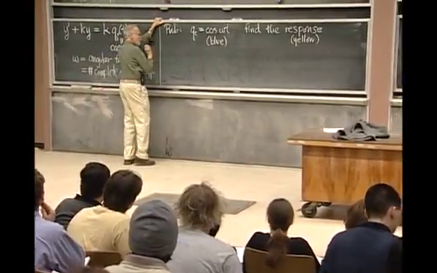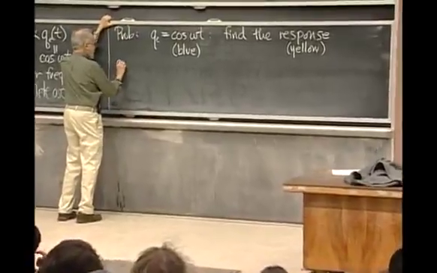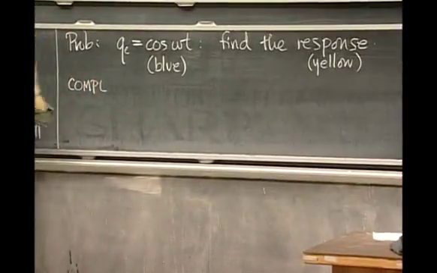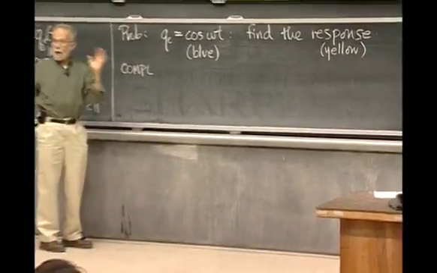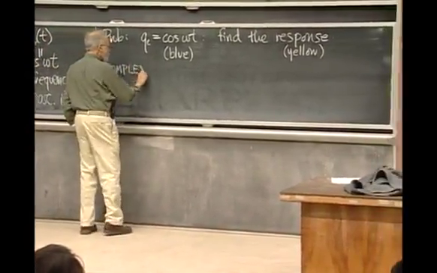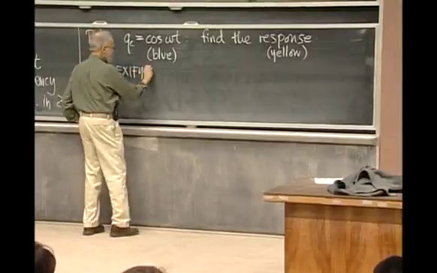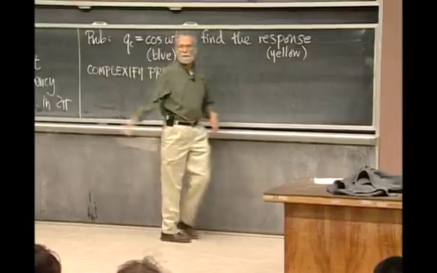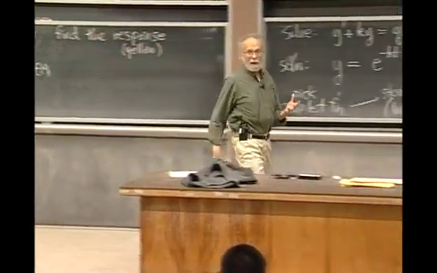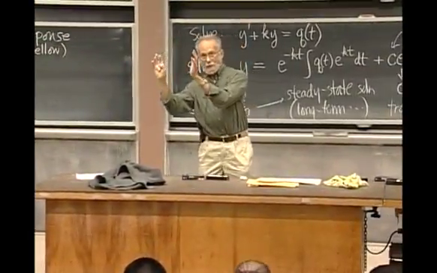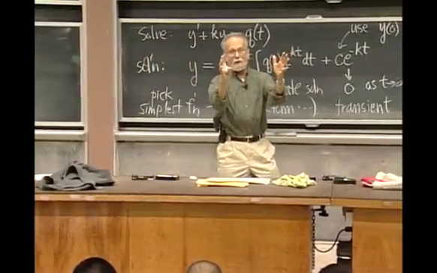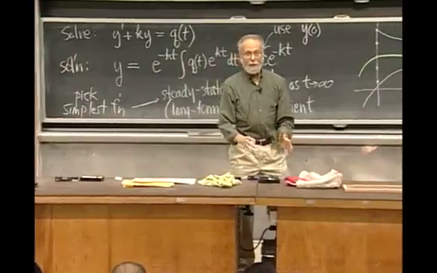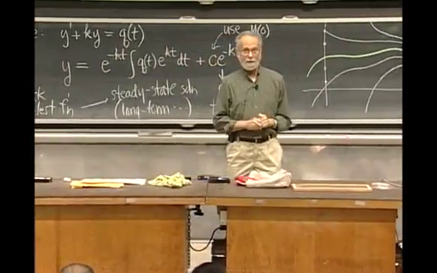So I'm going to complexify the problem. Turn it into the domain of complex numbers: take the differential equation, turn it into a differential equation involving complex numbers, solve that, and then go back to the real domain to get the answer.